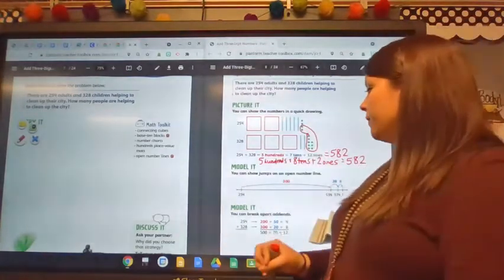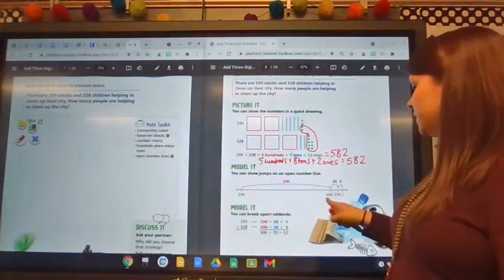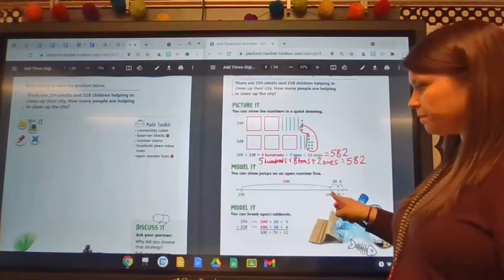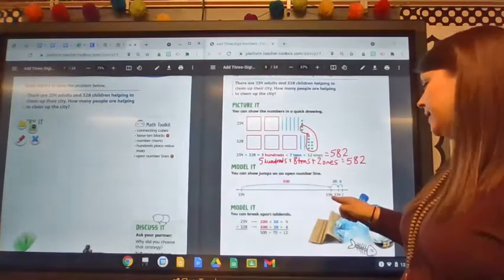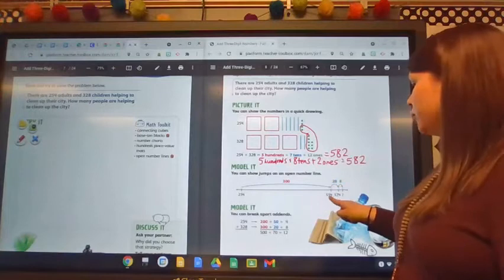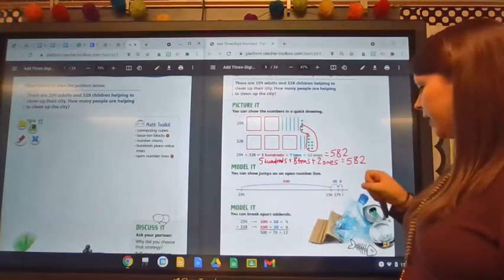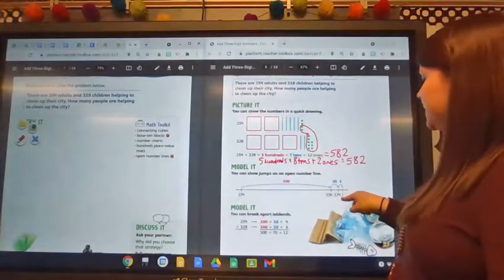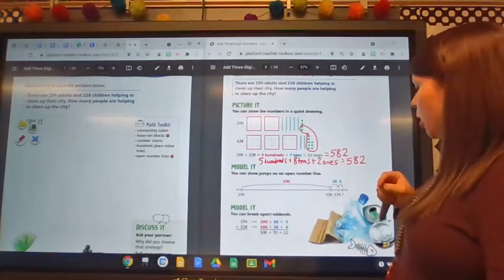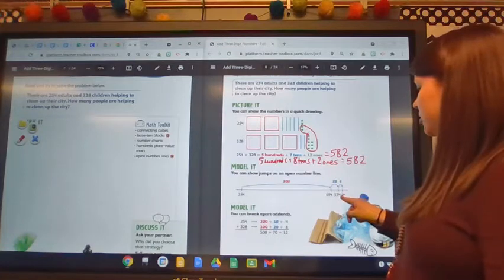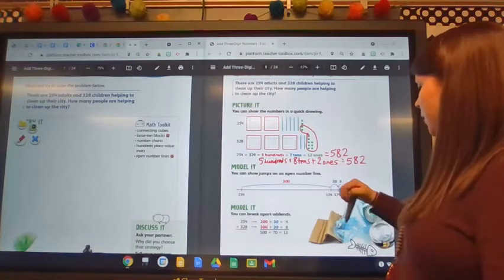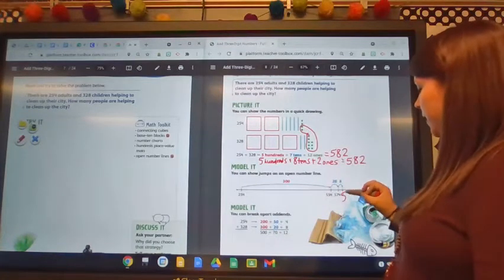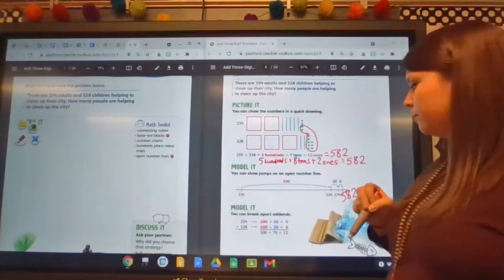So 254 plus 3 hundreds is 554. Then we can add our tens. 2 tens, 554 plus 20 is 574. 574 plus 8 ones is 582. Let me reread that, that wasn't very neat. 582.